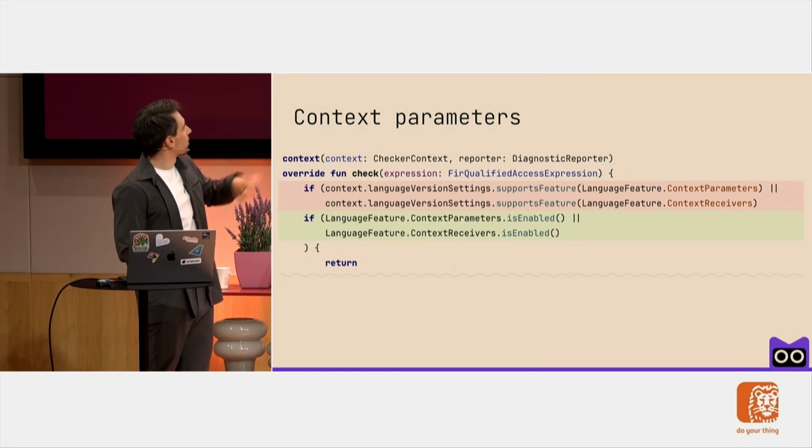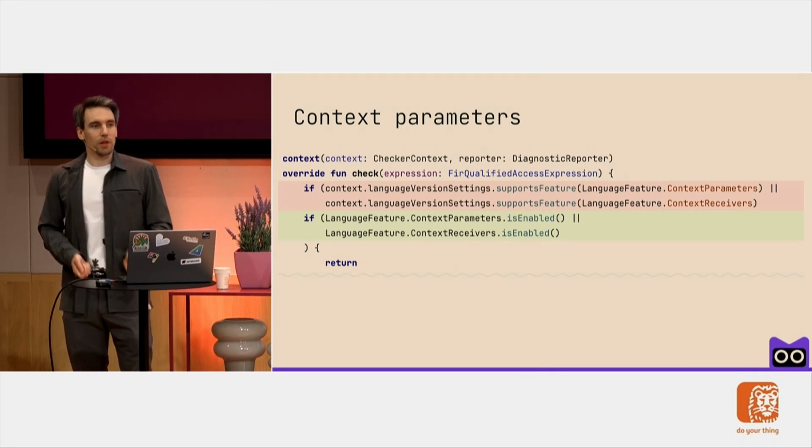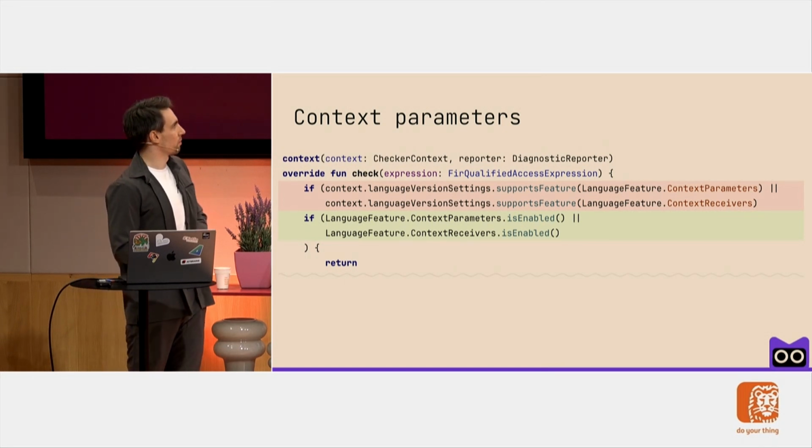And all the things about context.languageVersionSettings are just visual noise that does not help to understand what's going on in the code.